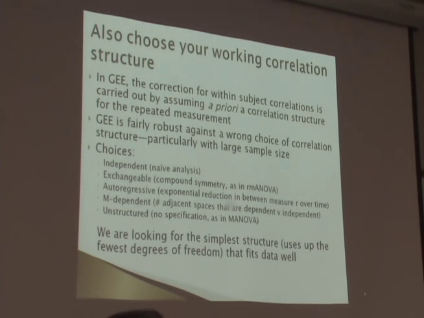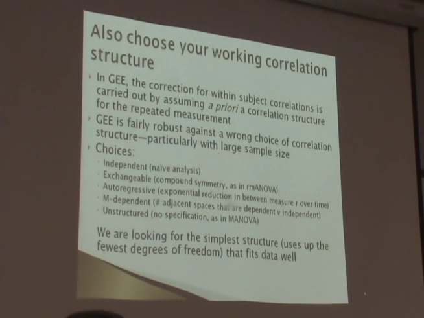It is the case that GEE is pretty robust to the wrong choice, and the way you can find that out is by running the models a couple of different ways and seeing if the results change based on how you specify the correlation. But the choices are independent, which you wouldn't choose because that's like regression.